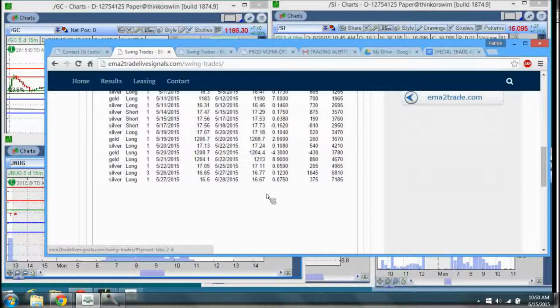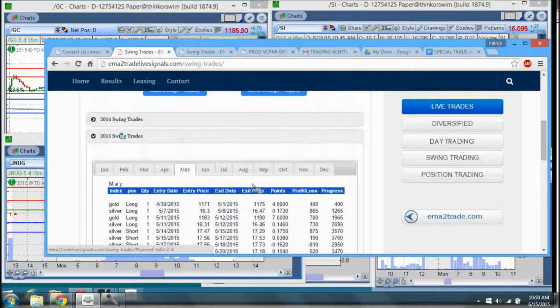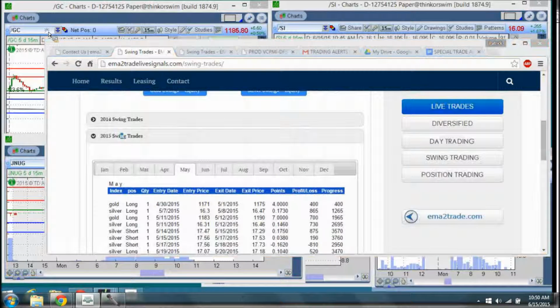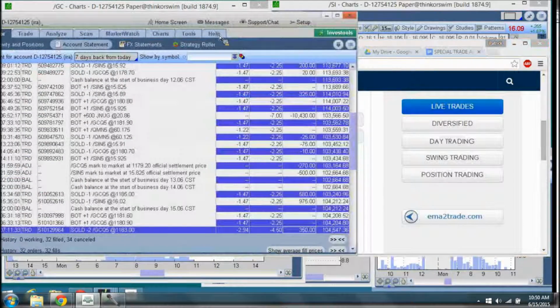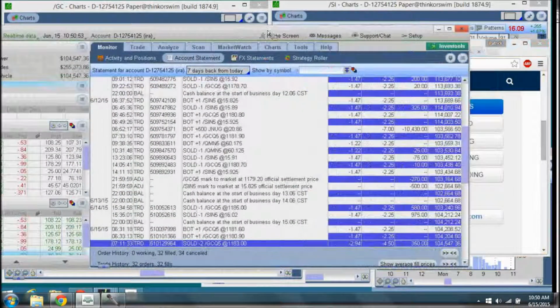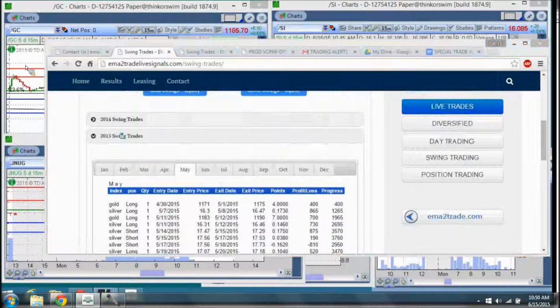So there are days where we day trade more, there are days where we swing trade more, but rest assured that you can take a look at the trades, and we can document the trades with time and sales. Every trade that we do in the room is basically documented.